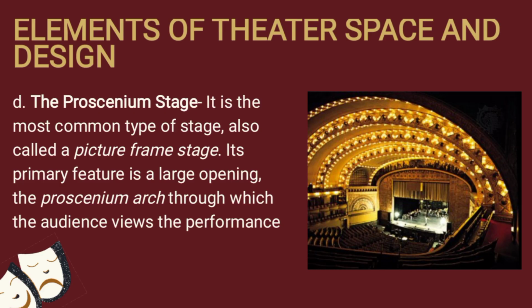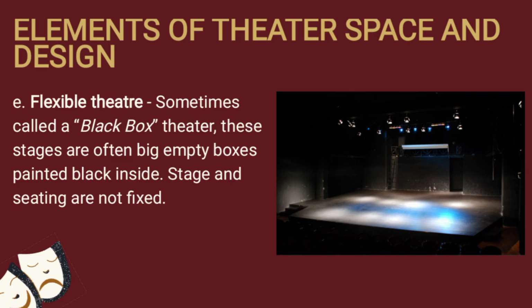Okay. Next, we have the flexible theater, and this type of stage is sometimes called a black box theater because these stages are often big empty boxes painted black inside. So the stage and seating are most of the time not fixed, or sometimes not fixed.